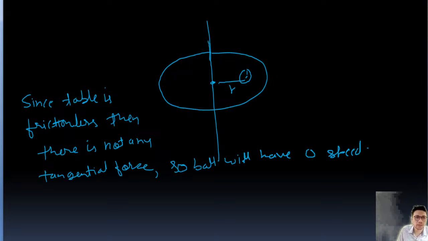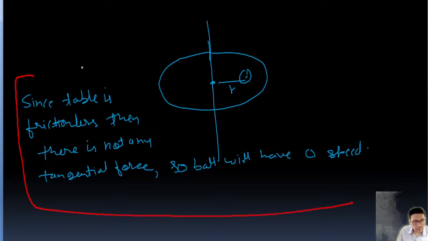Okay, so very important concept, guys. You need to note it down. If there is a table whose surface is frictionless and it's spinning, and we put any object on the surface, then the tangential force acting on that object is going to be zero.